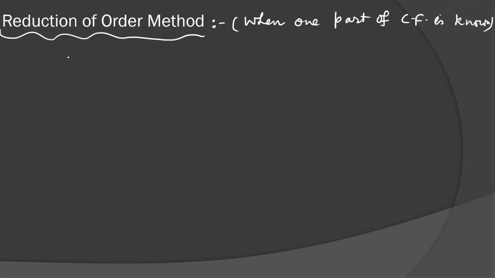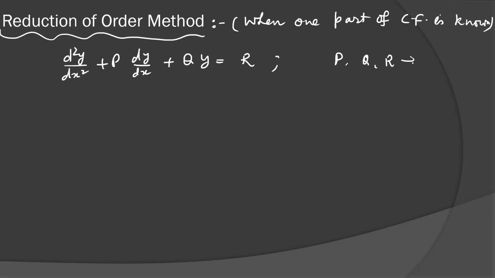So we have a differential equation d2y by dx2 plus p dy by dx plus qy is equal to r, where p and q are functions of x. I am taking it here. Now it's a complete solution.